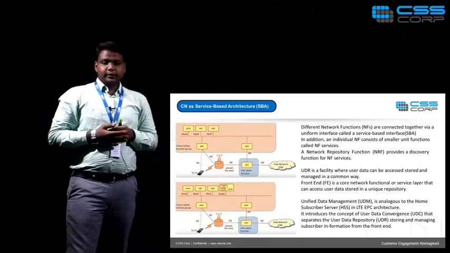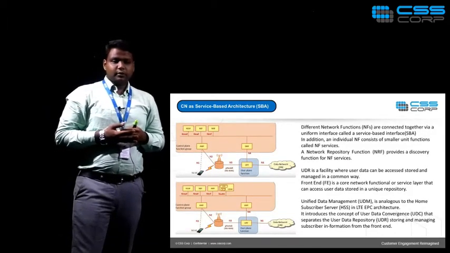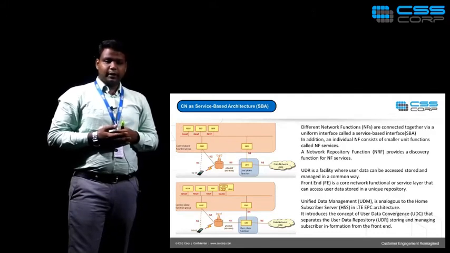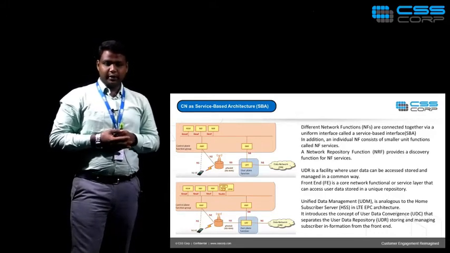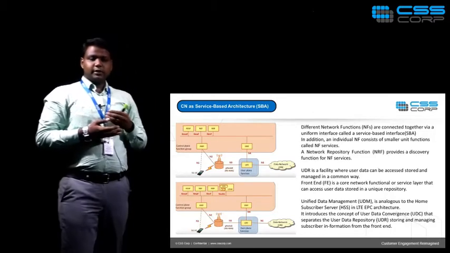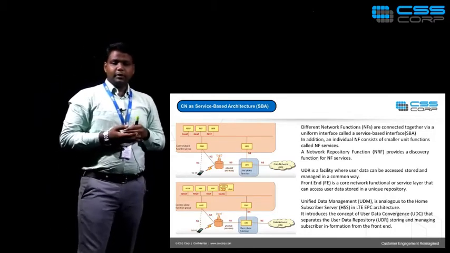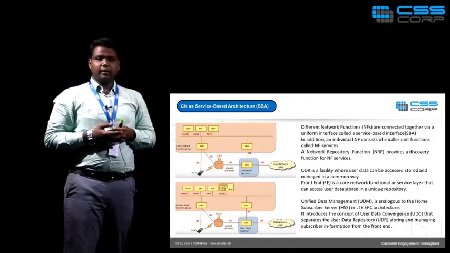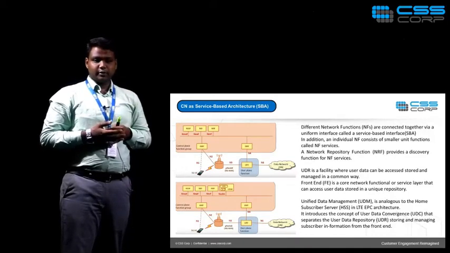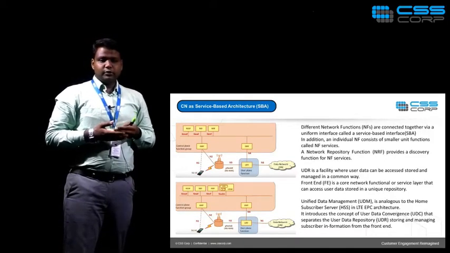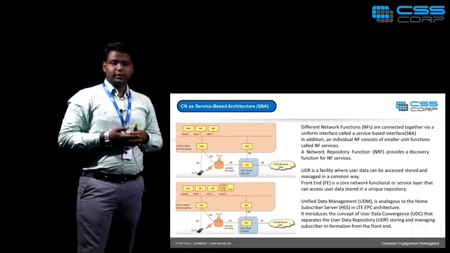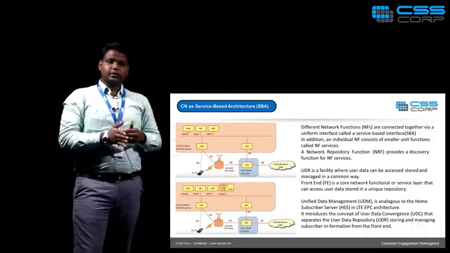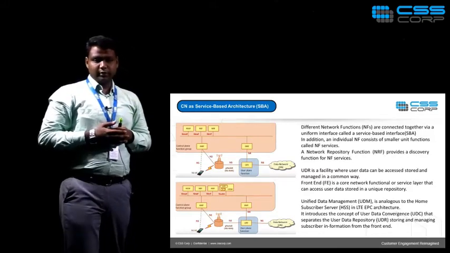So in this we are going to see about NF, network functions, and why these network functions are used here. From these network functions, the uniform interface is called SBA, service based architecture. It is used to connect individual network functions as smaller unit functions, from one network function to another network function.